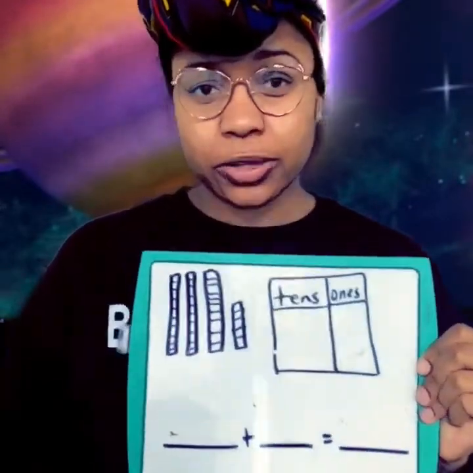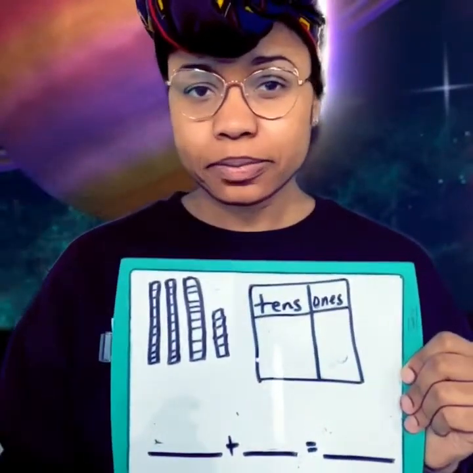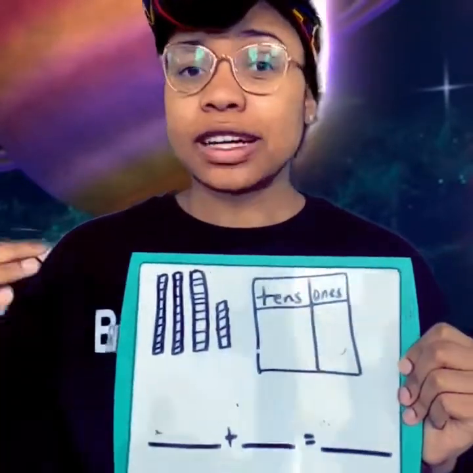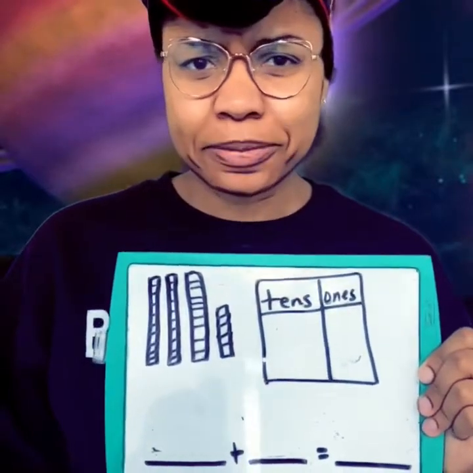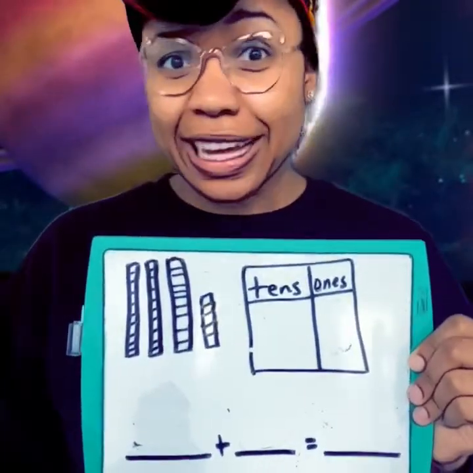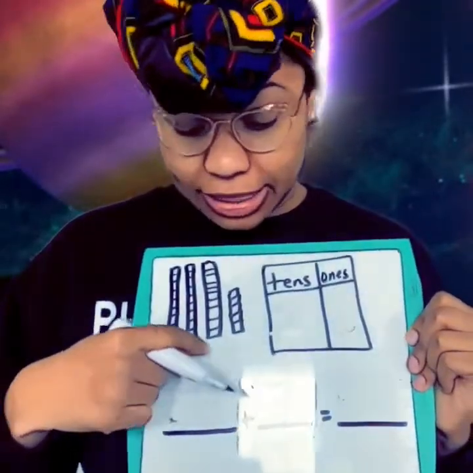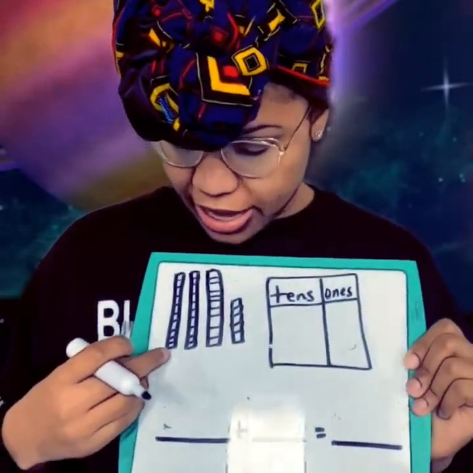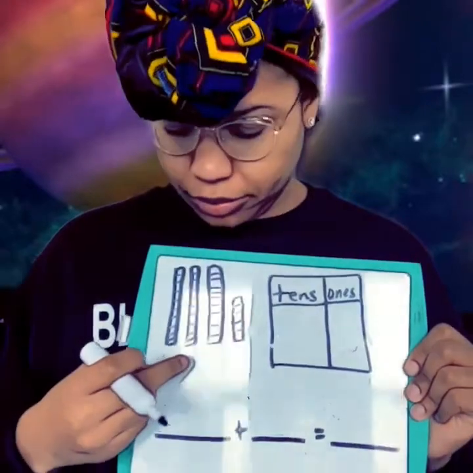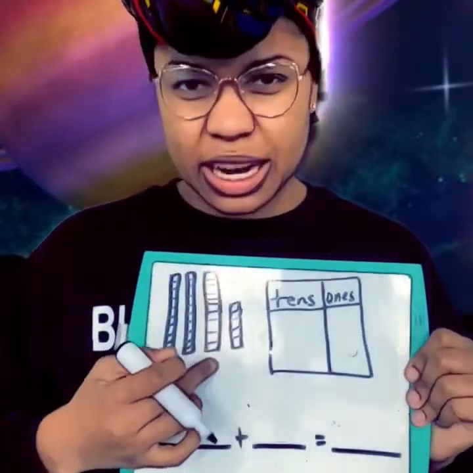Remember, we want to show our groups of 10 and our extra ones. So first, let's check out our groups of 10. How do we know which ones are our groups of 10 again? That's right, because we have our 10 sticks. So I noticed that we have 10, 20, 30.